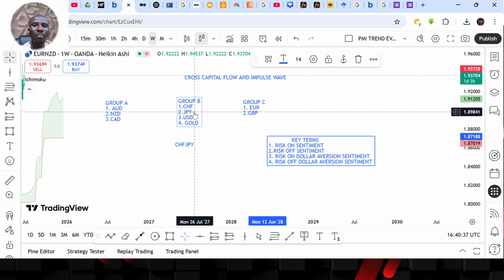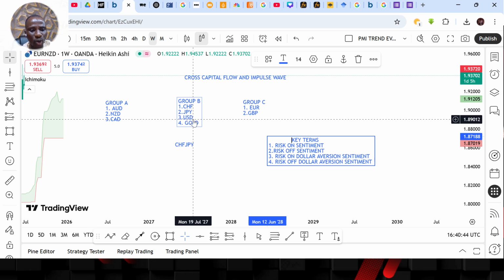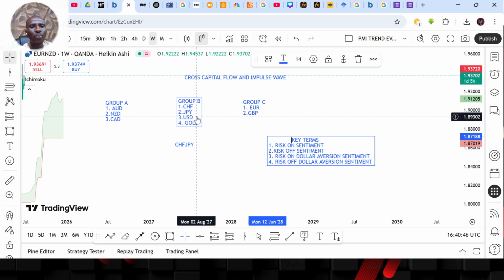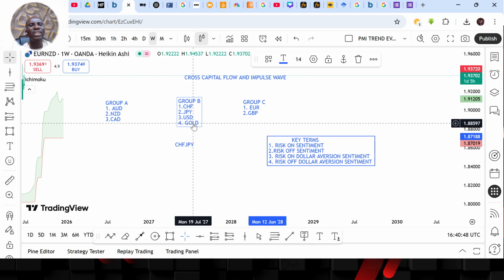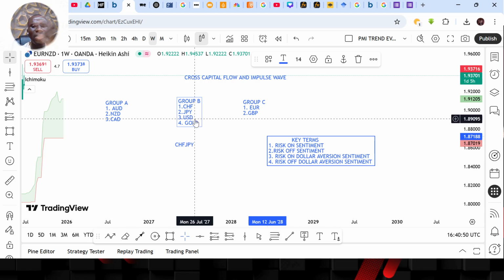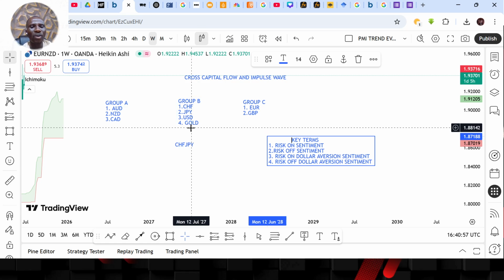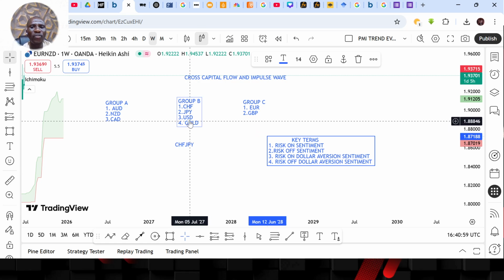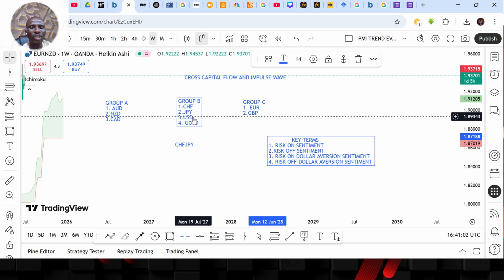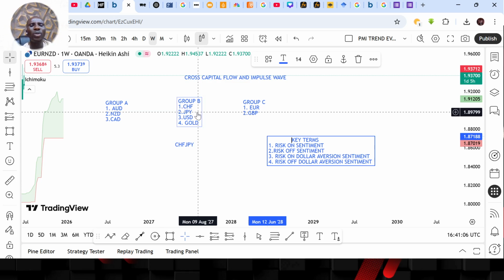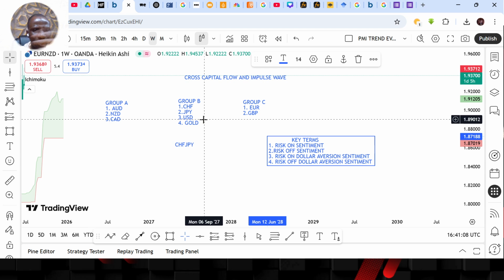In most cases, they have very low interest rates. So when there is panic in the global market, investors push their capital into these economies, into these currencies, as safe haven. Now, when the sentiment of the market has shifted in favor of investment, which means we are in a risk-on environment, the likelihood that capital will be flowing out of the safe haven is very high.